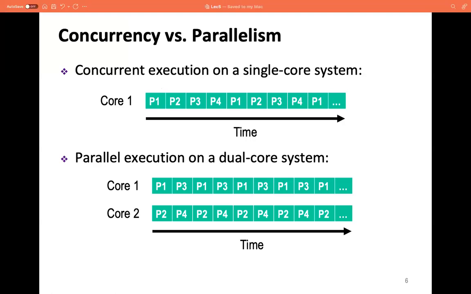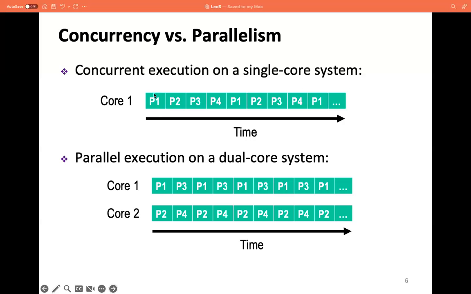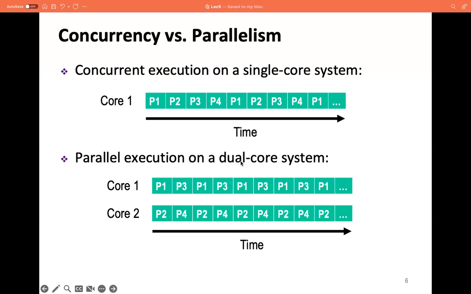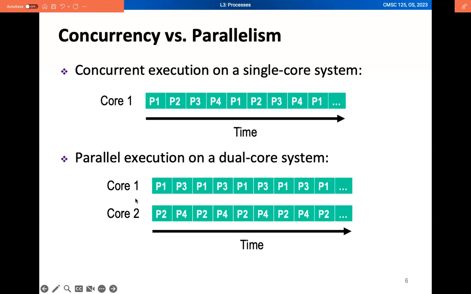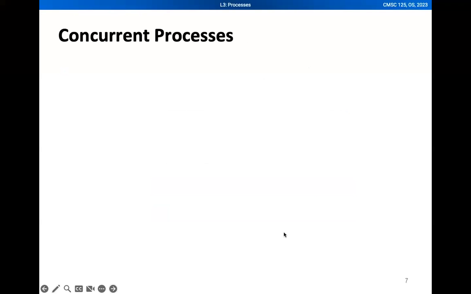Let's say P1 uses the CPU and then it gets preempted, then P2 can use it next, and then it gets preempted, then P3 can use it next, and so on and so forth. Now the parallel execution in a dual core system, so we can see here the emphasis on the dual core. We have two cores and the processes can run in parallel in these two cores.